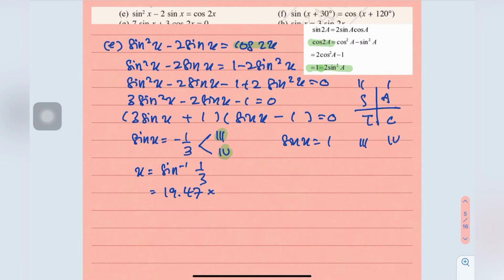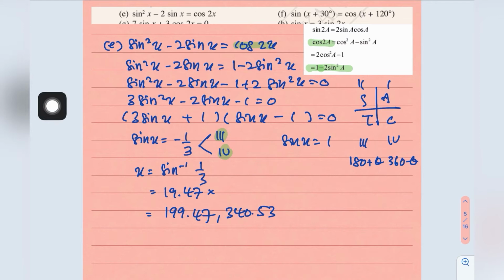The corresponding angle in quadrant 3 is 180 + θ, and in quadrant 4, 360 − θ. So in quadrant 3, 180 + 19.47 is 199.47, and in quadrant 4, 360 − 19.47 equals 340.53.